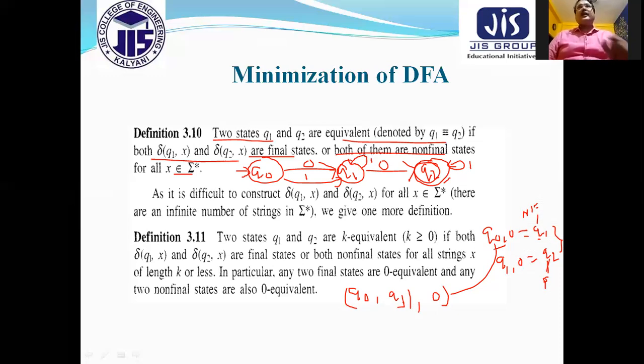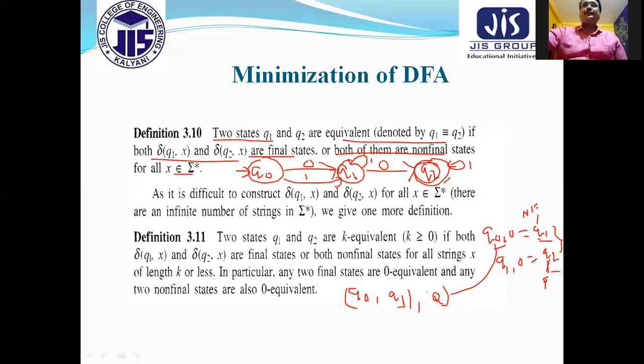Equivalent means that when we apply the input sequence, we have to see whether both go to final states or both go to non-final states. Then I can say they are equivalent. But here for 0, one is non-final and the second final, so it is not acceptable. Now you have to check for 1.